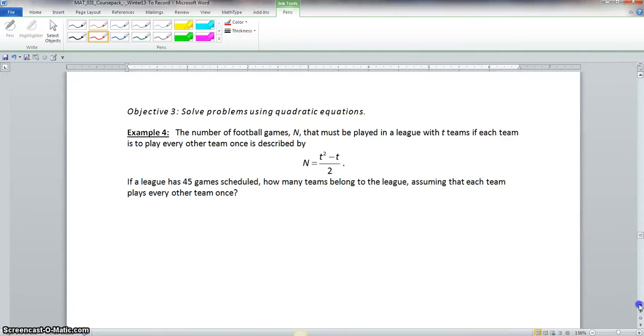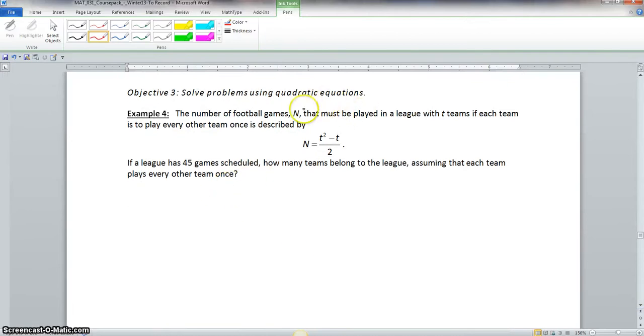It says example 4, the number of football games N that must be played in a league with T teams, if each team is to play every other team once, is described by N equals T squared minus T over 2. If a league has 45 games scheduled, how many teams belong to the league, assuming that each team plays every other team once?